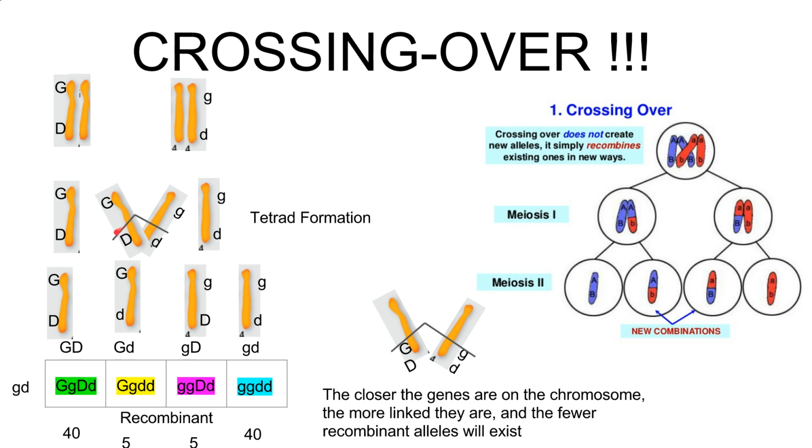In this one, it was swapping one of the traits, but not both traits because they were far apart on the chromosome. The closer they are, the more linked they are, and the fewer recombinant alleles will exist.